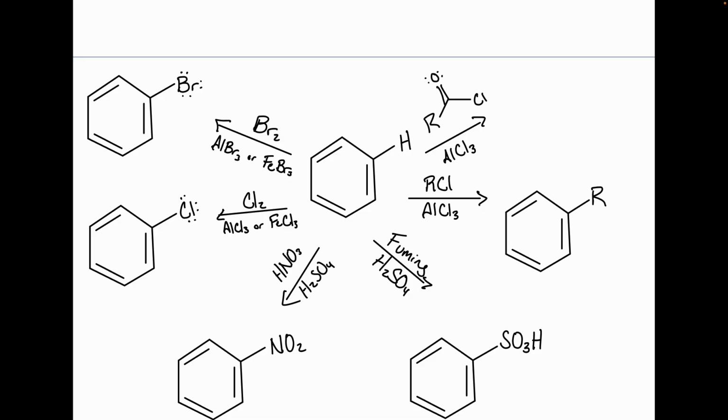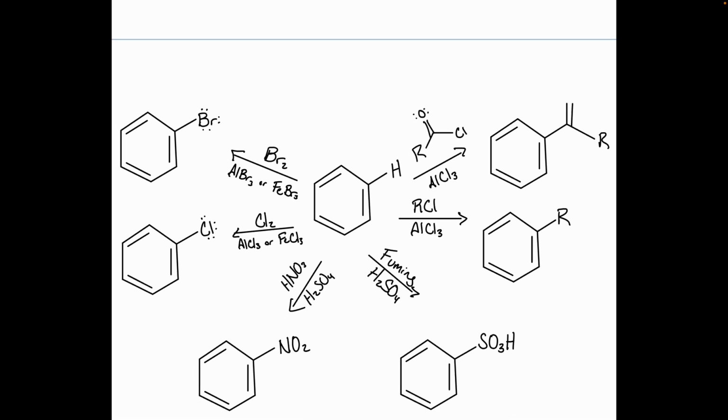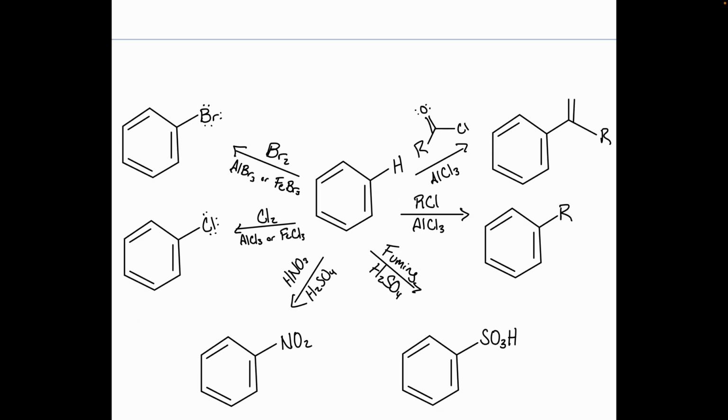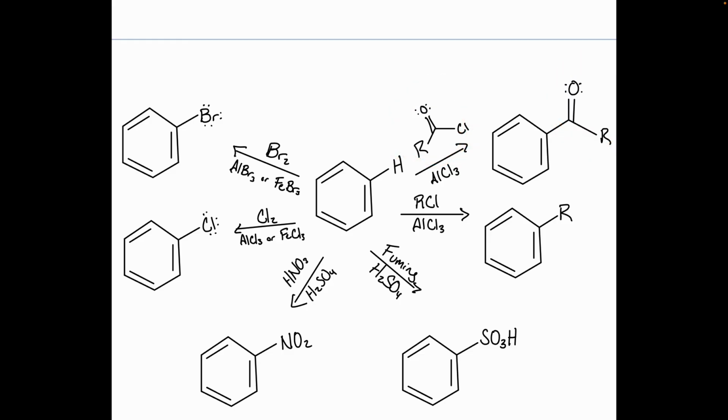We're again going to see the creation of a new carbon-carbon bond, where we can add any amount of carbons on there we want, but we're going to be specifically connecting at the carbonyl carbon to the ring. All right, so taking that acyl halide and attaching that carbonyl carbon to our ring.